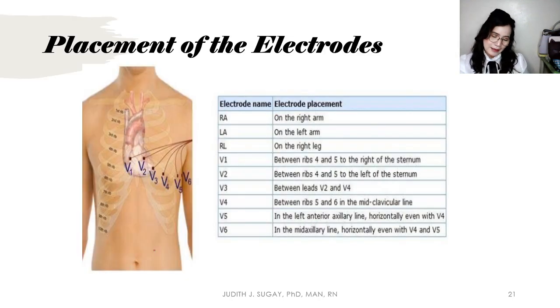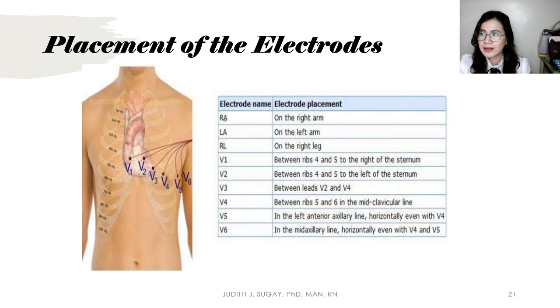Alright, so we're done with the waves, complexes, and intervals. Let's now have the placement of the electrodes. I don't know if you have experienced having an ECG or you've observed ECG placement from your relatives or loved ones, but this is where electrodes will be placed.